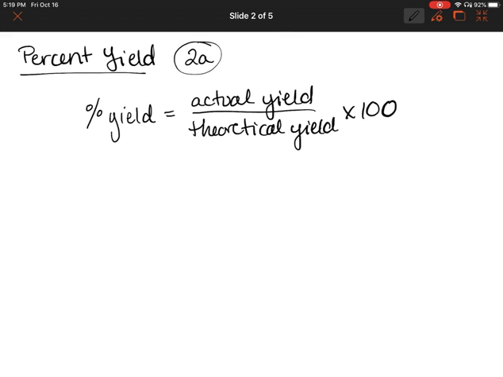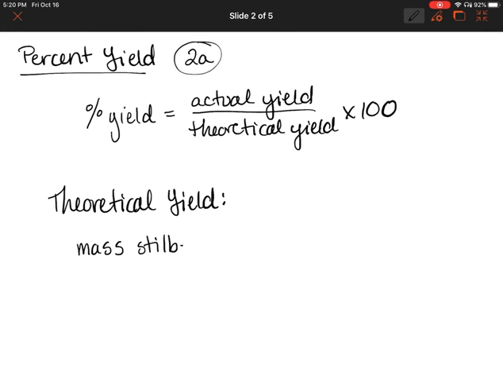But to determine the theoretical yield, we have to do some calculations. So what we'll do to calculate the theoretical yield is start with the mass of stilbene that we started with. If you're doing the lab online, that's 0.5 grams. If you're doing the lab in person, that will be whatever you weigh in lab.